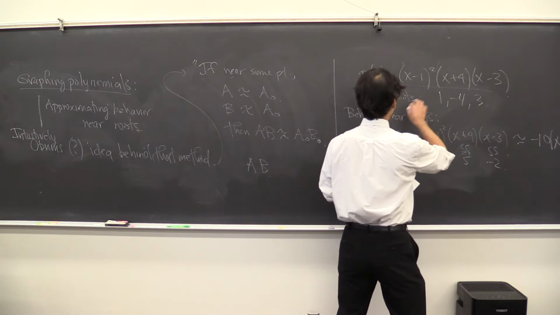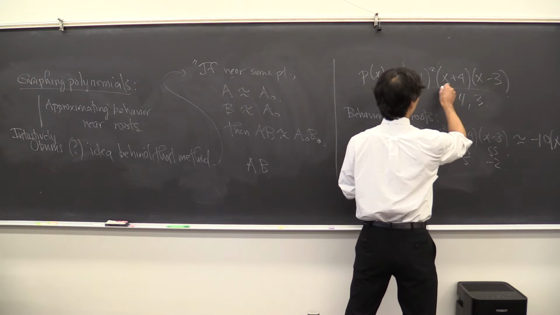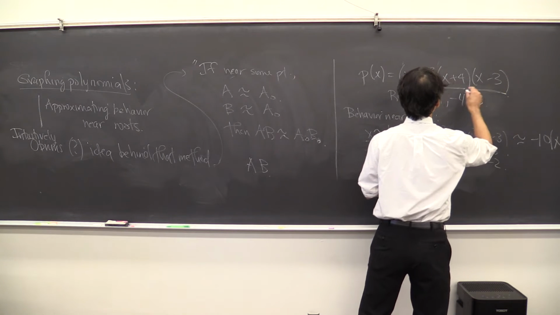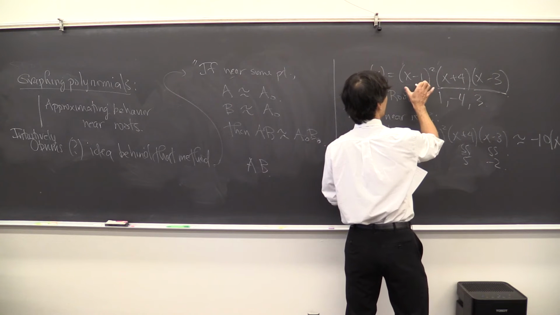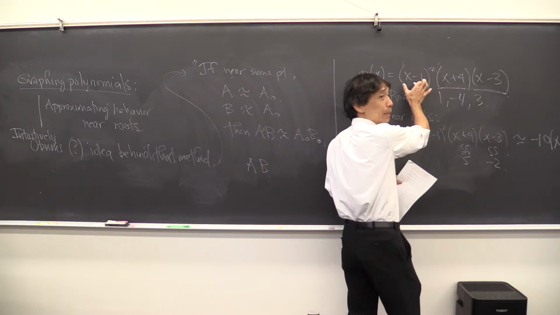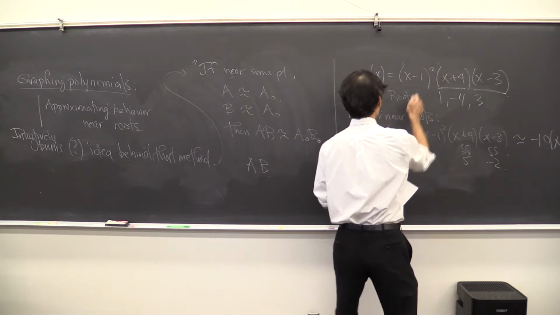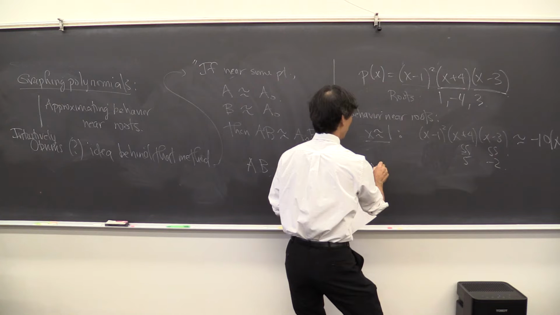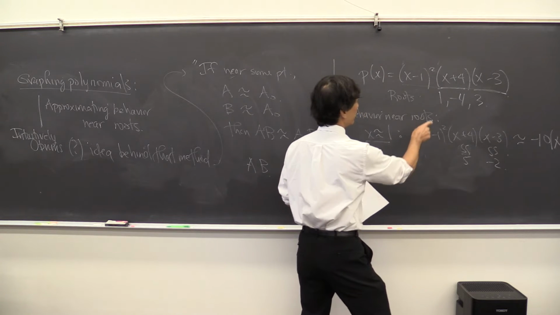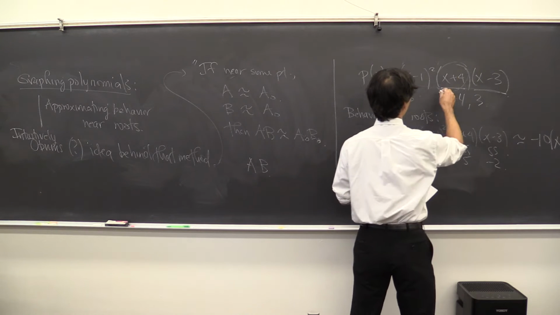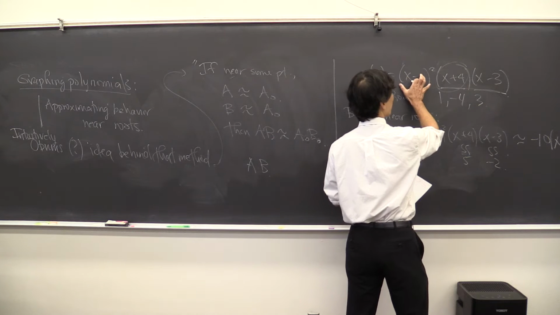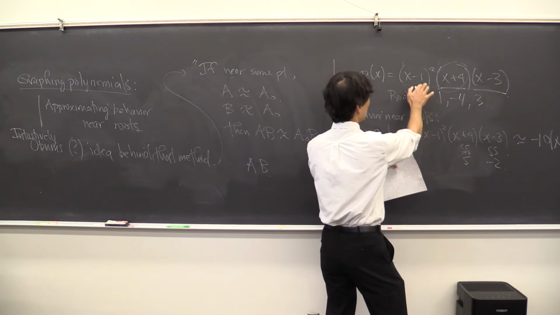You basically look at the factors that don't describe the root itself. So if we're at -4, we leave x plus 4 and think about the values of the other factors. Let me rewrite the order.